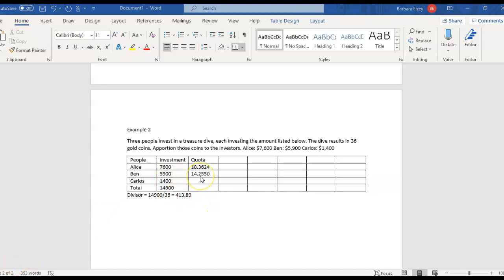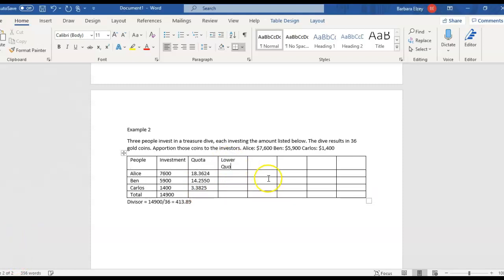We get 14.2550. And lastly, let's do our 1,400 divided by 413.89. We get 3.3825. Now, let's go ahead and round all of these down, or really drop off the decimals to get our lower quota. So we'll have 18, 14, and 3.